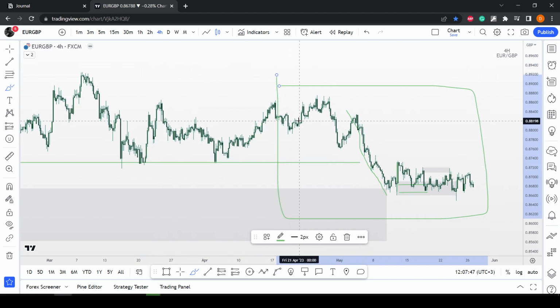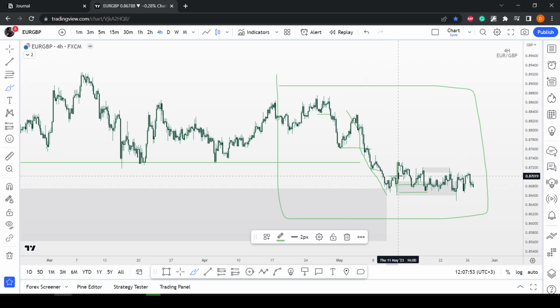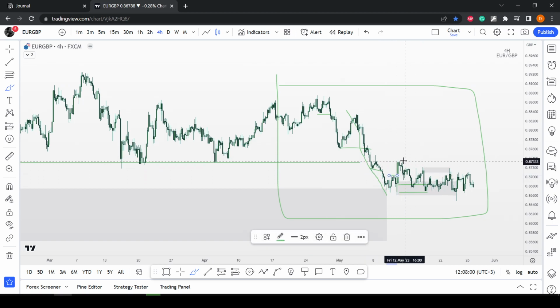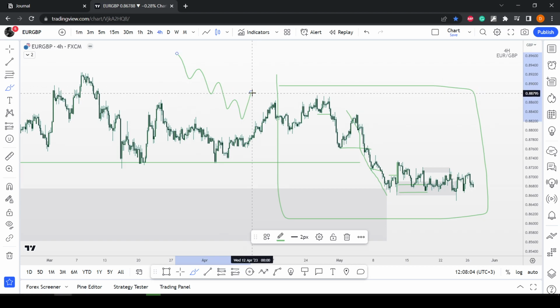Why? Because the market is just doing this down, down, down, up. Basically not even up. This is internal structure, as you can see. So basically only down, down, and up on internal basis. So what is this? Down, down, down, and up. This is a classical redistribution to go lower.